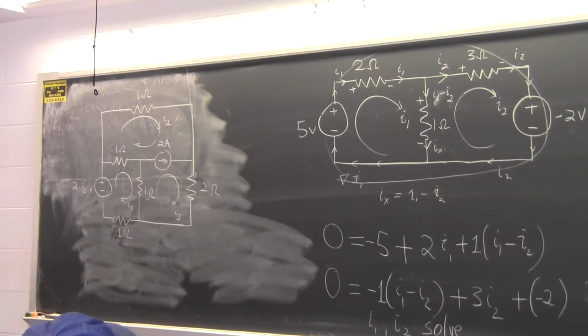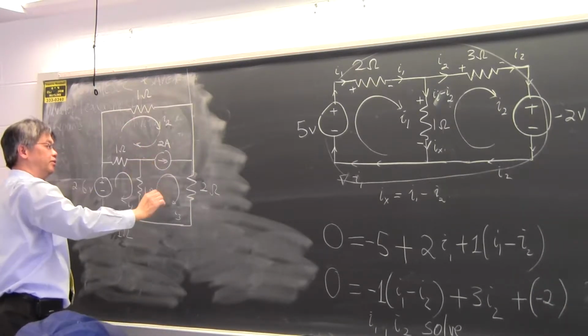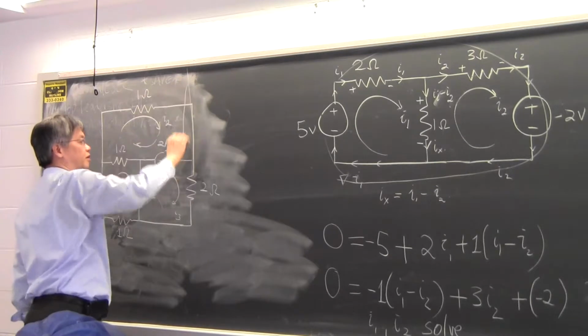Okay? And there's something special about this topology over here, in the sense that there's a common branch. There's a common branch between these 2 loops. This is called the common branch.